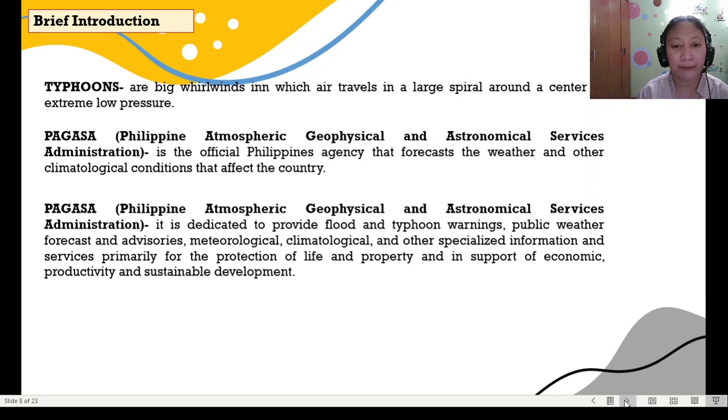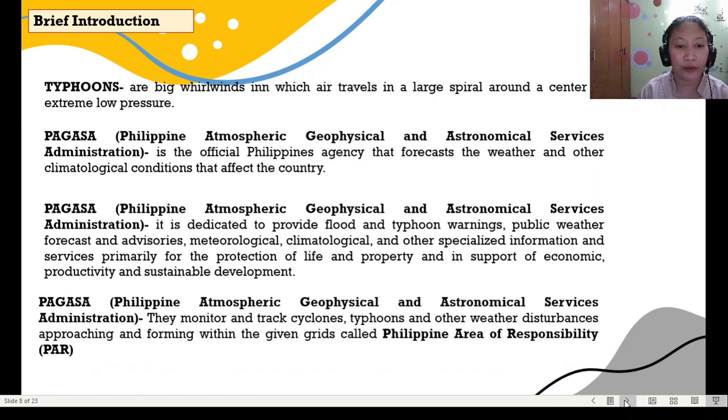sustainable development. They often give advisories on television, and they also give public storm warning signals 1 to 5, and flood warning colors: red, orange, yellow.